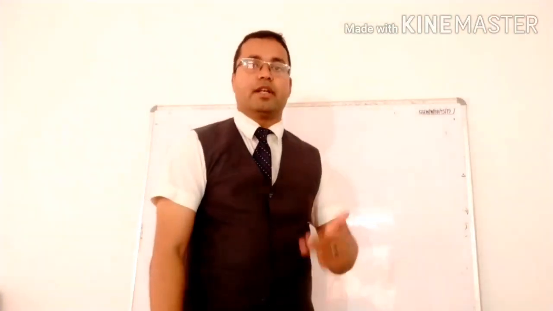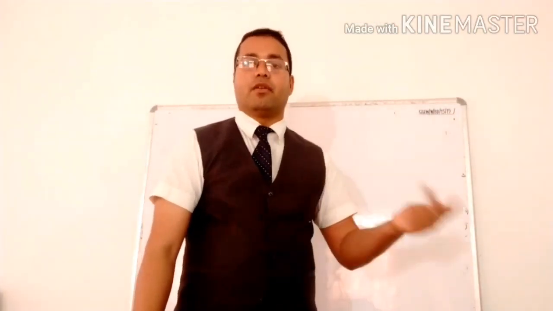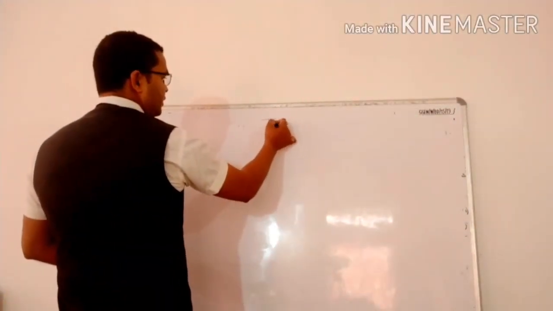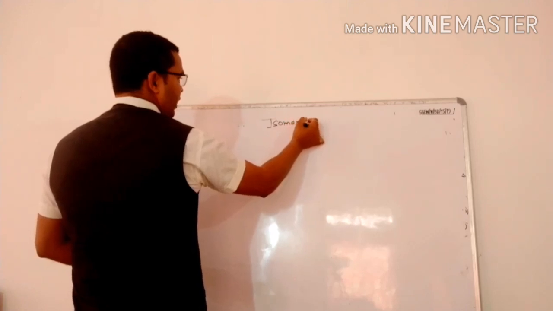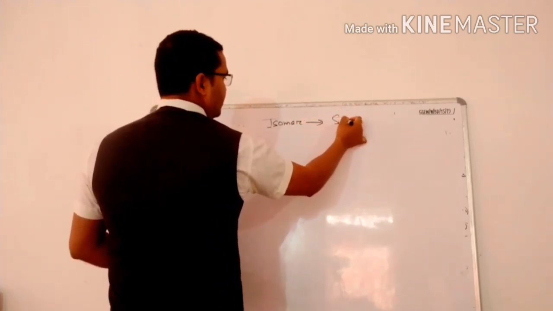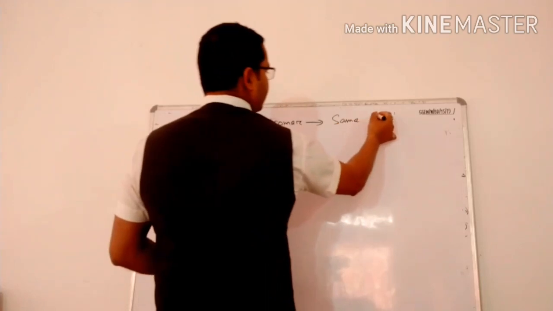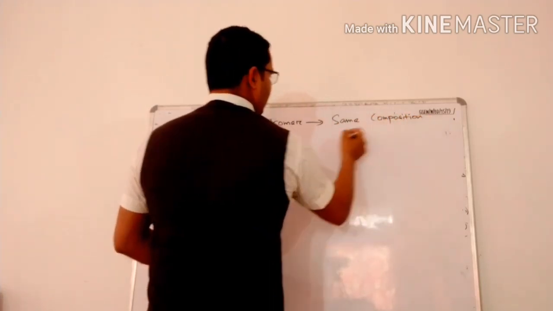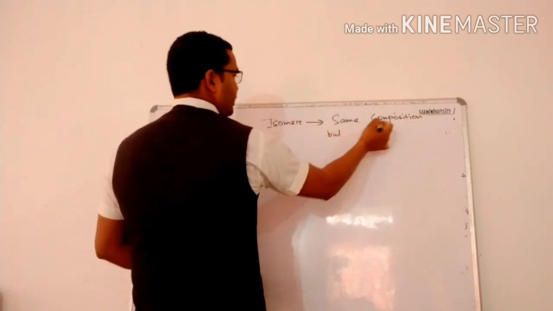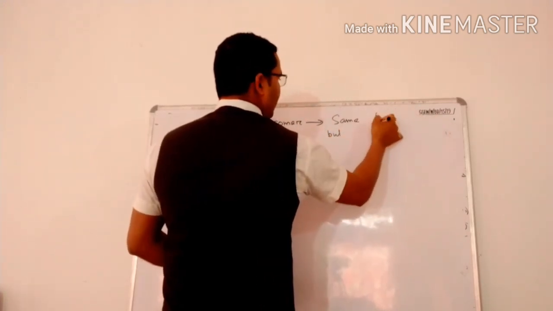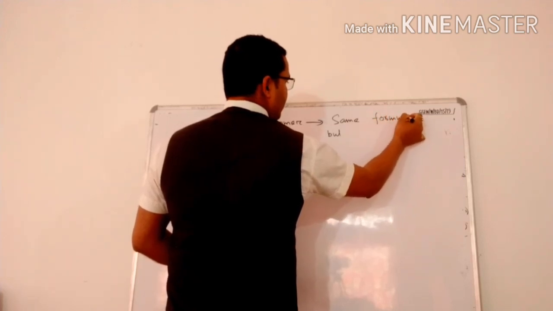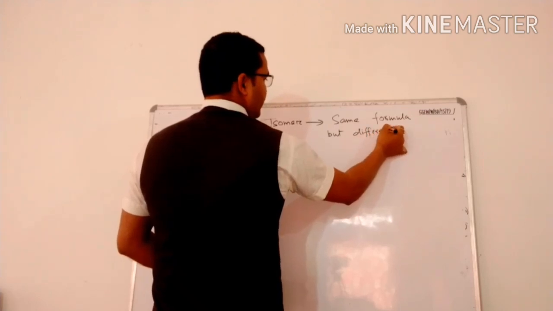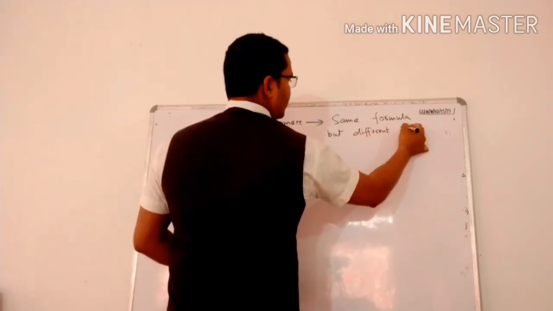Similar to allotrope, which I have already given you, we have another term in organic chemistry that is called isomer. Isomer means same composition, same formula, but different structure.